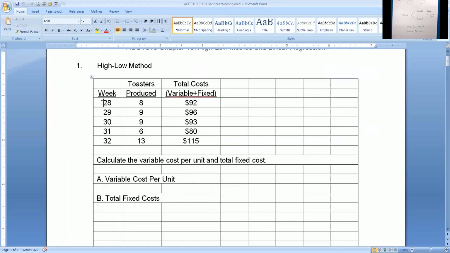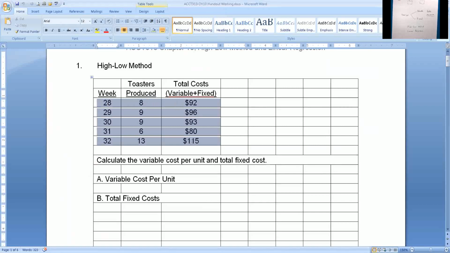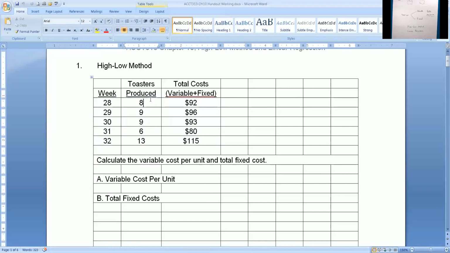So here we have some information. They're making toasters, and we have some total costs here. These total costs have both variable and fixed costs.